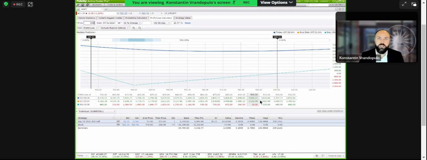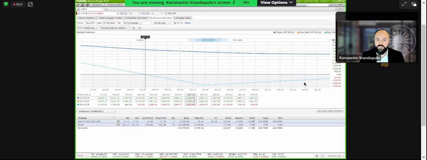And no matter which way it goes, I'm going to be flat that position. So what have I created here, folks? By doing this, what does this look like? I've created a synthetic long put, right? I've turned my long call into a long put position by shorting some stock after the stock is up $50.